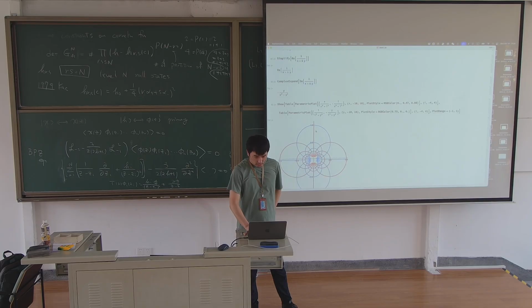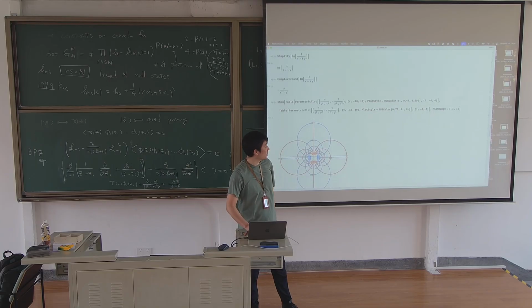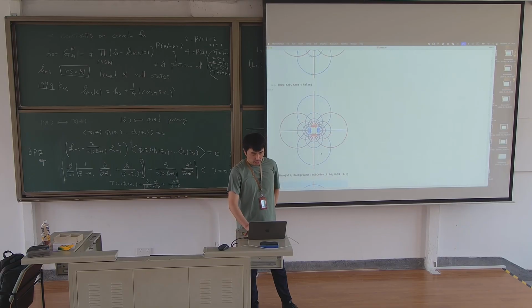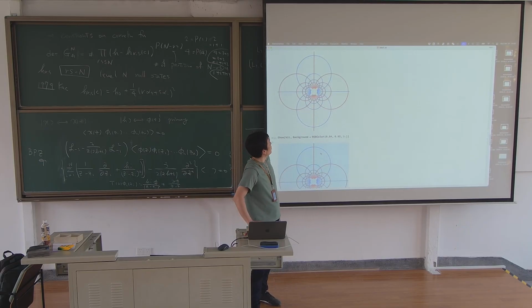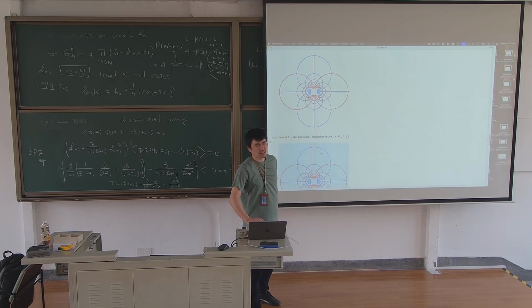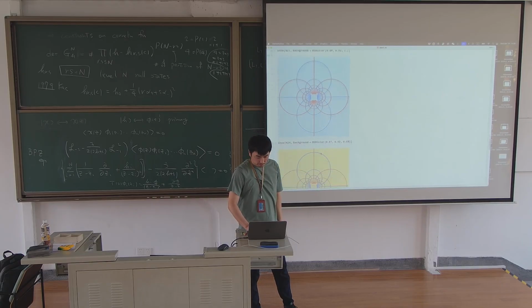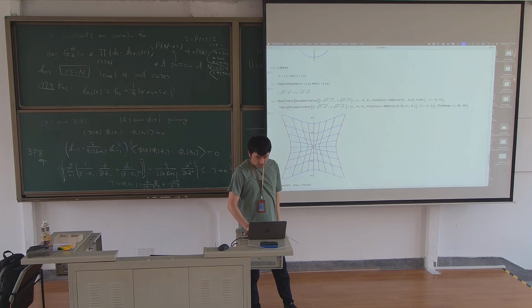And here it should be 1 over z, something like this, so lines become circles. You can just play around.